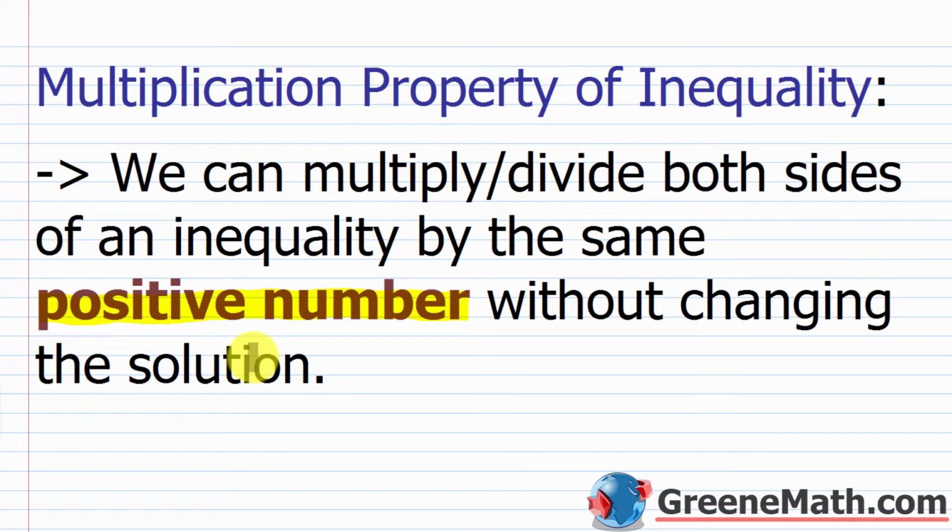Just like the multiplication property of equality, the stipulation there was the same non-zero number, right? You could multiply both sides of an equation by the same non-zero number and you didn't change the solution. Here, what I'm telling you is that you can multiply or divide both sides of an inequality by the same positive number, and positive does not include 0, for those of you who are thinking that. 0 is not positive or negative, it's neither.